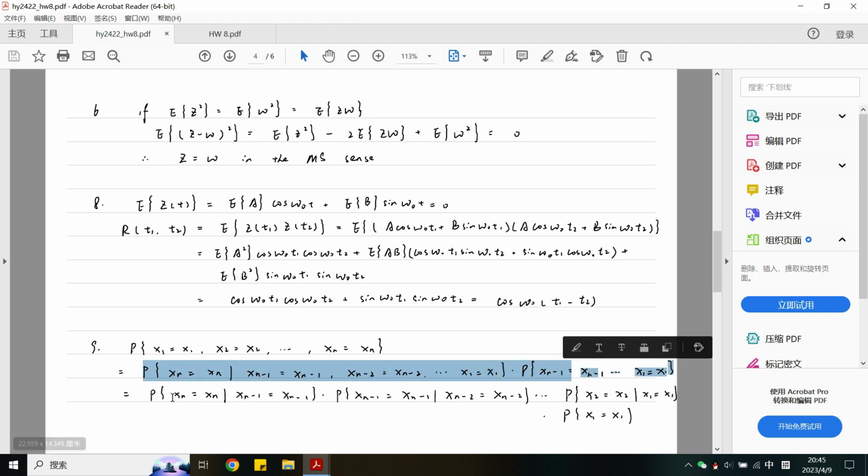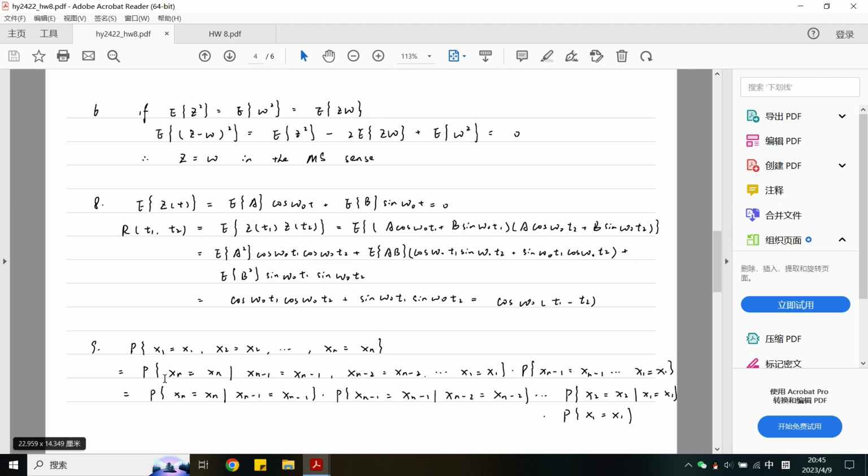Since we got this by Bayes rule, we can also take these terms apart by Bayes rule.